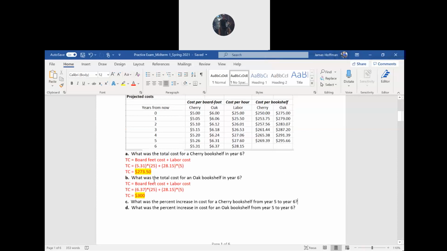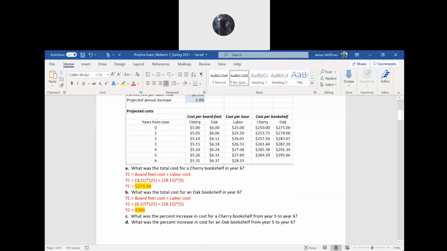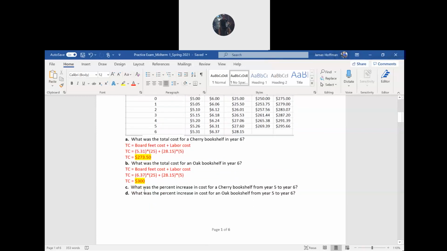Even if you get these parts wrong, still do the correct percent increase formula, because I'll still give you credit for that. Whatever numbers you got, even if they're not right, use those for your percent increase answers.